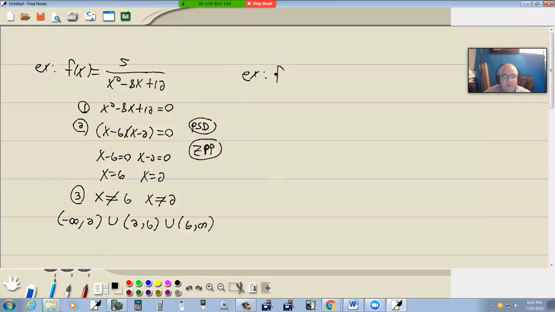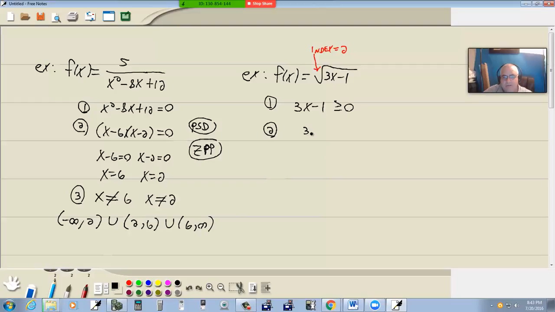So for example, if I got f of x is equal to square root of 3x minus 1. Now, even index. Your index is whatever number is in the slot right here. And if there is no number there, then it's by default 2. So a square root is an even index. So we're going to take what's underneath our radical and set it greater than or equal to 0.